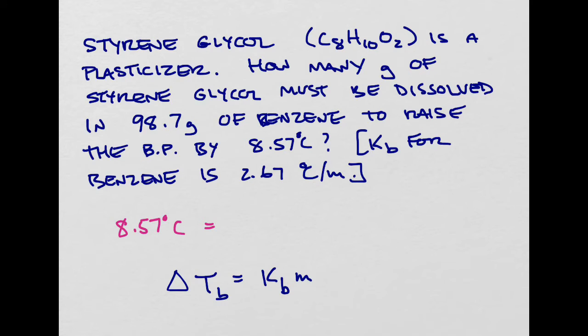All right, so if we're going to use that same equation there, we know what the KB is because it was given to us right here. So I'm going to go ahead and put the 2.67 degrees C per molal, right? And we're going to multiply that by the molality. Now, of course, that's what we're looking for.